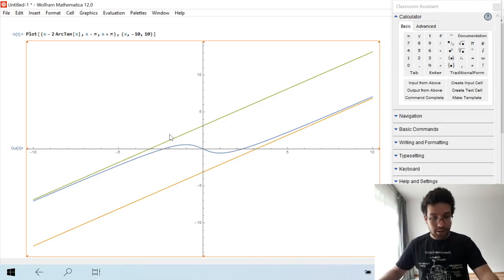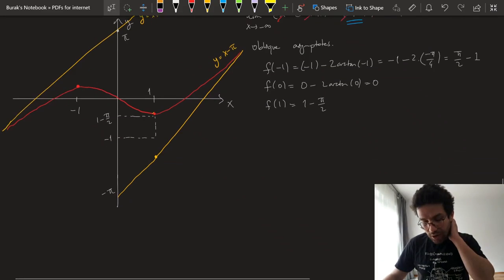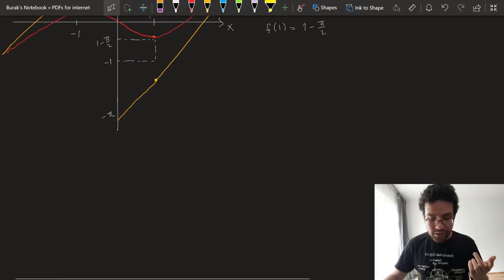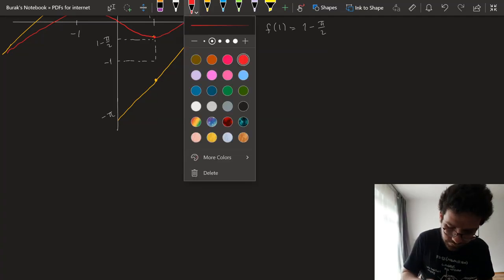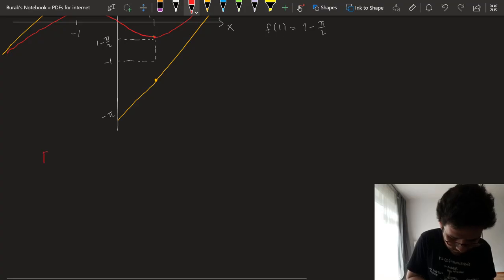Now, let me sketch two more graphs where we're gonna now observe vertical and horizontal asymptotes, okay? Example.